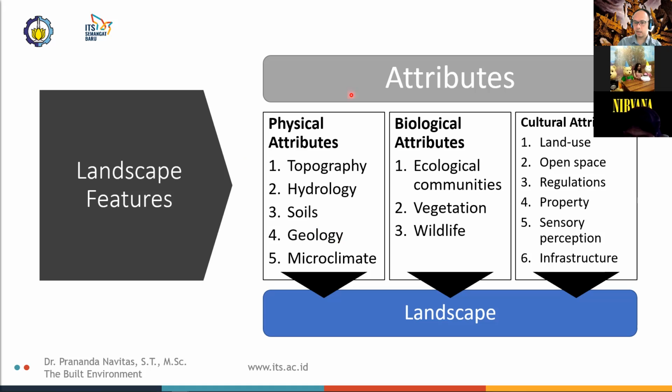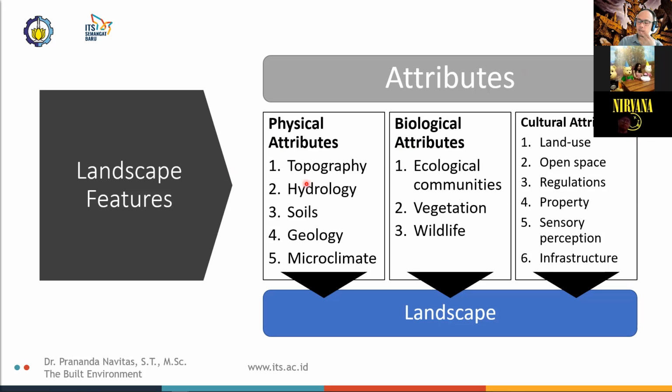Now, landscapes have many different attributes, but all these different attributes can be categorized into three larger groups: physical attributes, biological attributes, and cultural attributes.